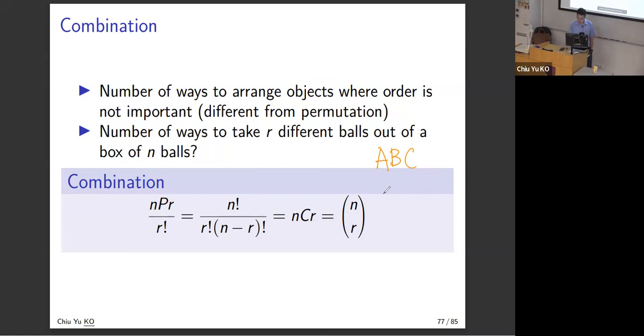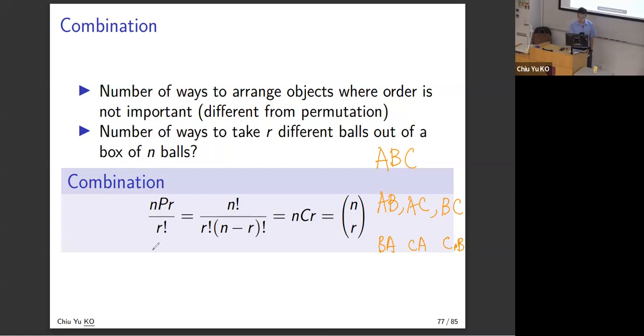We can have AB, and AC, and BC, because BA is not counted, right? AC and CA are the same, and CB is the same too, right?